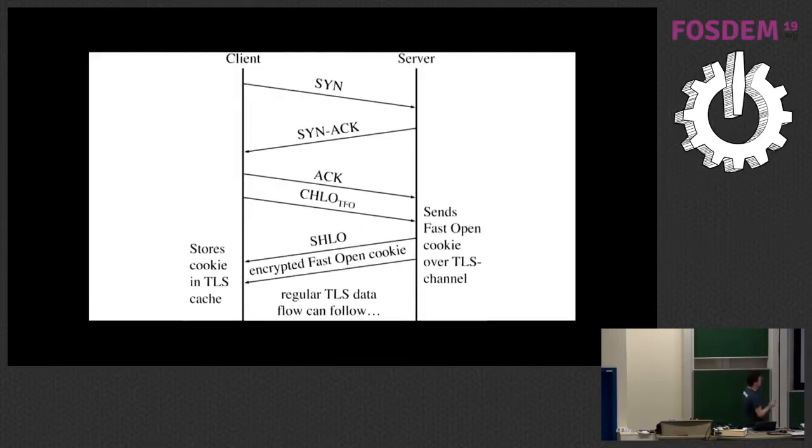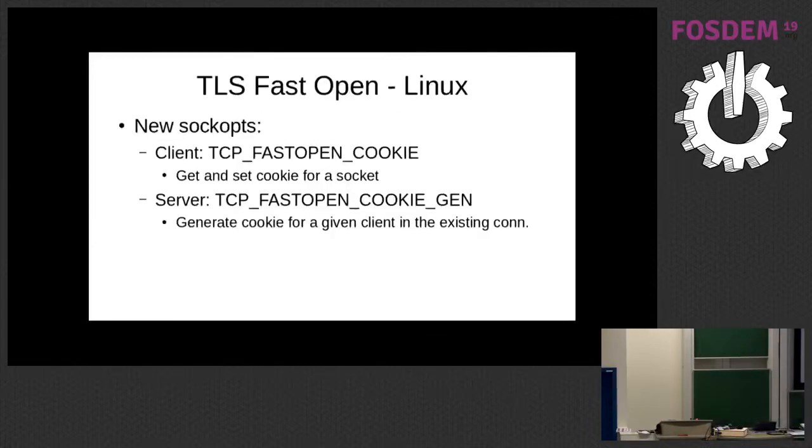That's the idea, and it then looks like this. You have your TCP connection establishment, you send your TLS client hello, and you get this TCP Fast Open cookie back in this encrypted channel. Then you have the problem of feeding it back to Linux, because somehow Linux needs to know about this cookie. So we introduced two new sockopts. These are socket options we needed to introduce to make this happen.